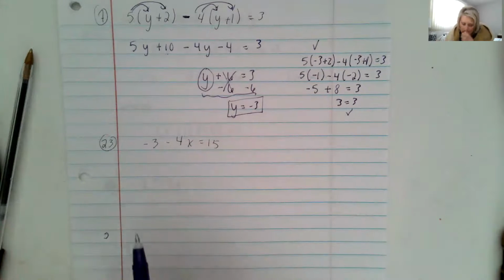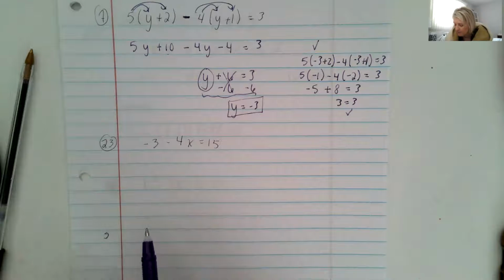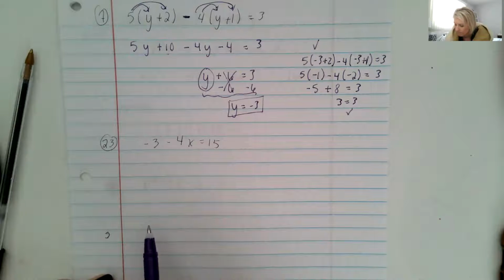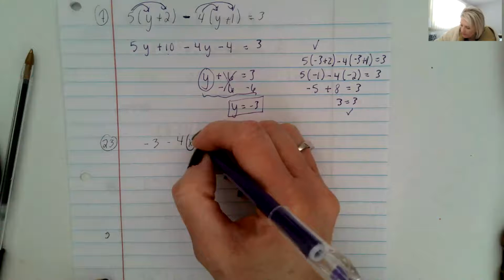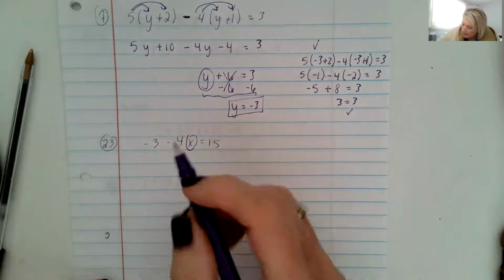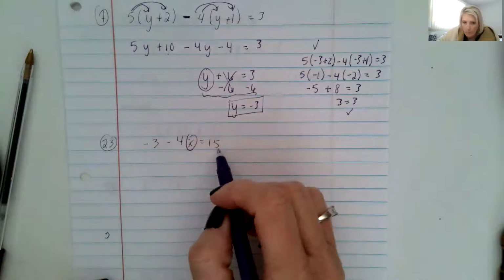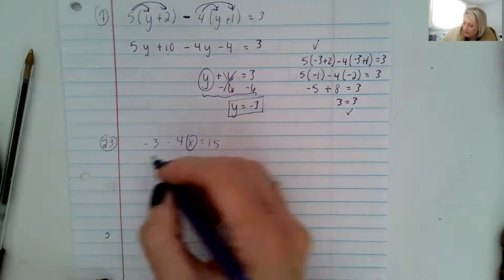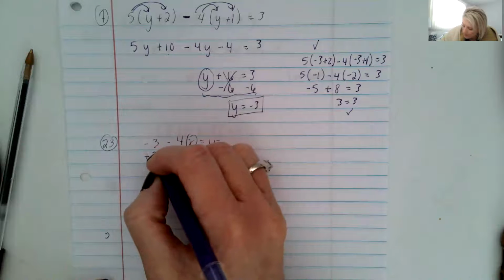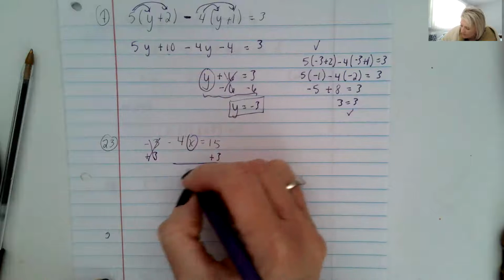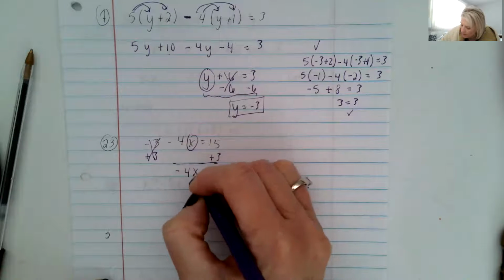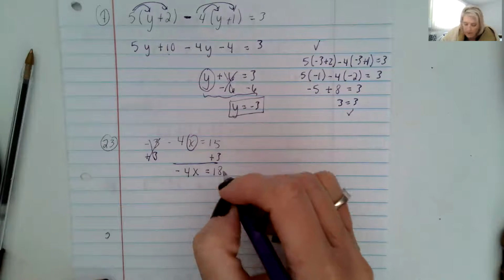Okay. Number 23 is nice because we're trying to solve for x. So let's go ahead and circle that. And we're going to get our constants to the right-hand side. So using the addition property to add those to 0, we end up with a negative 4x equals 18.